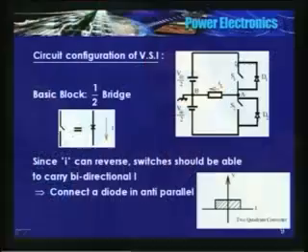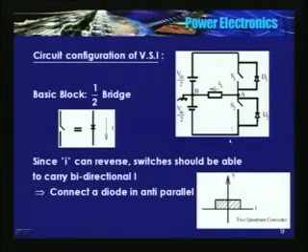In this circuit, the current was flowing from A to B; you opened S1, and the current will now flow from D to A through the diode. So another important point to remember is that there should be a dead time between the gating signals of S1 and S2.